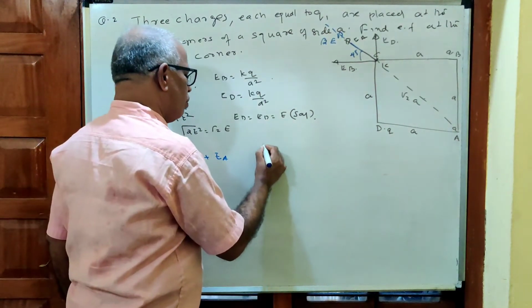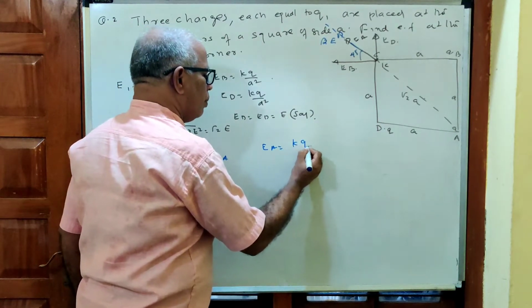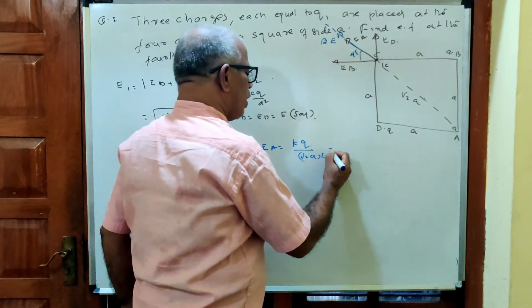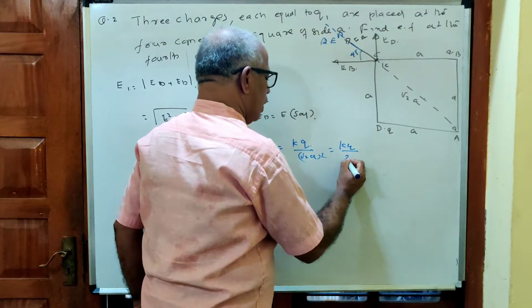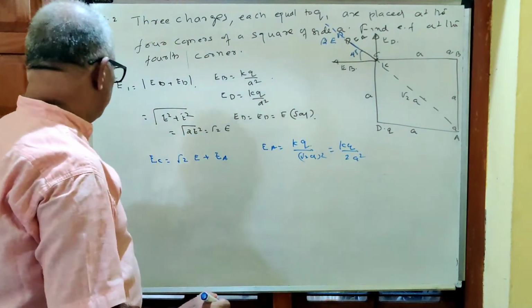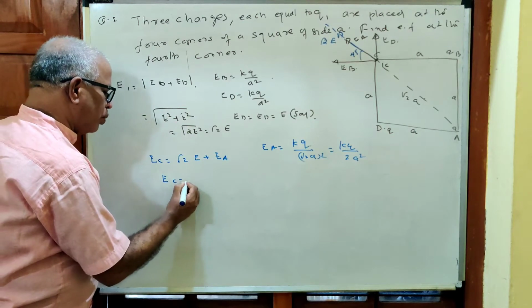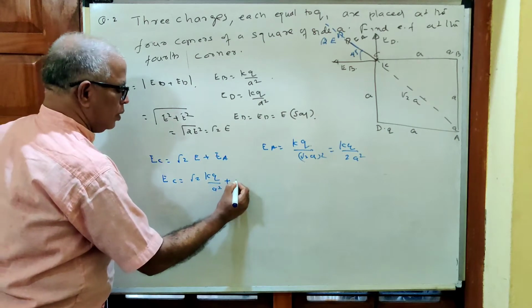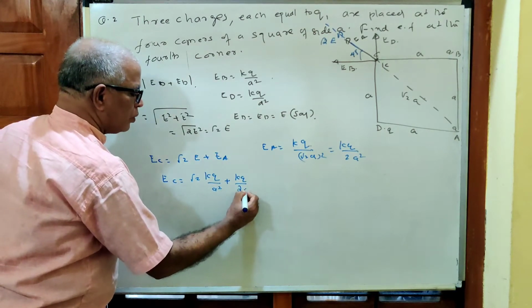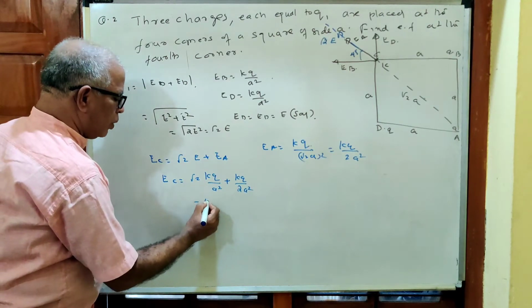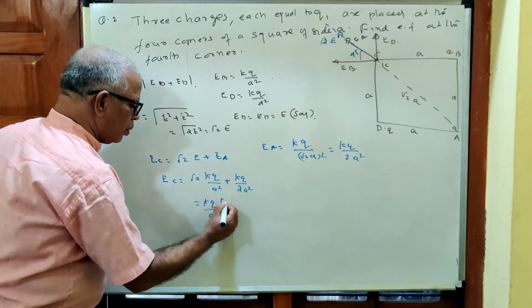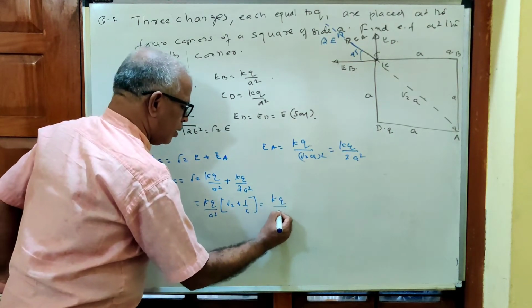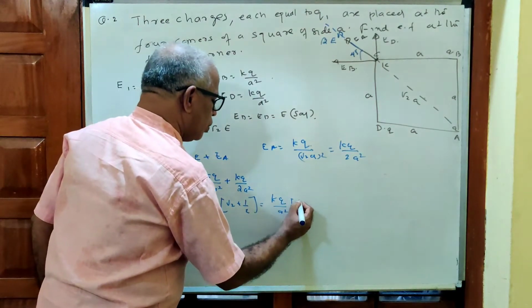EA is equal to KQ by root 2 a the whole square. The diagonal is root 2 a, all of you know it. So KQ by 2a square. So the net field EC is equal to root 2 into KQ by a square plus KQ by 2a square. Take outside KQ by 2a square, as it's a very simple thing: 2 root 2 plus 1.